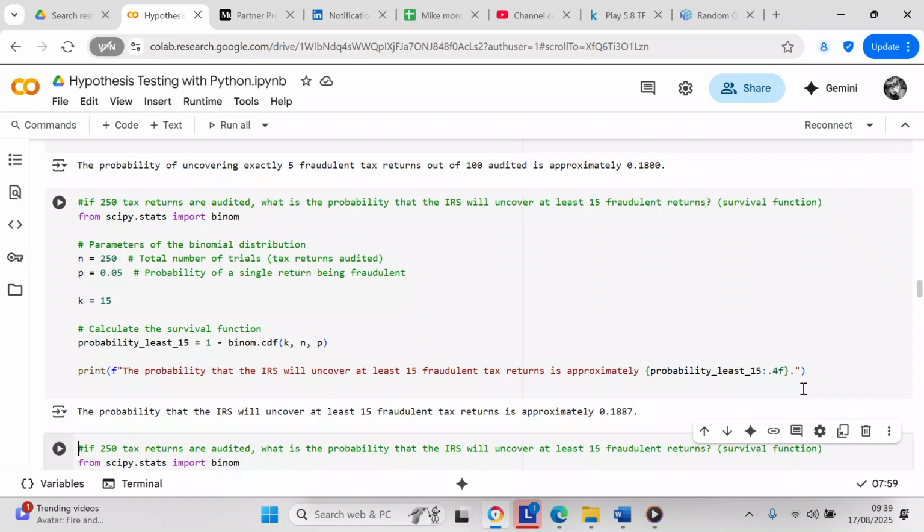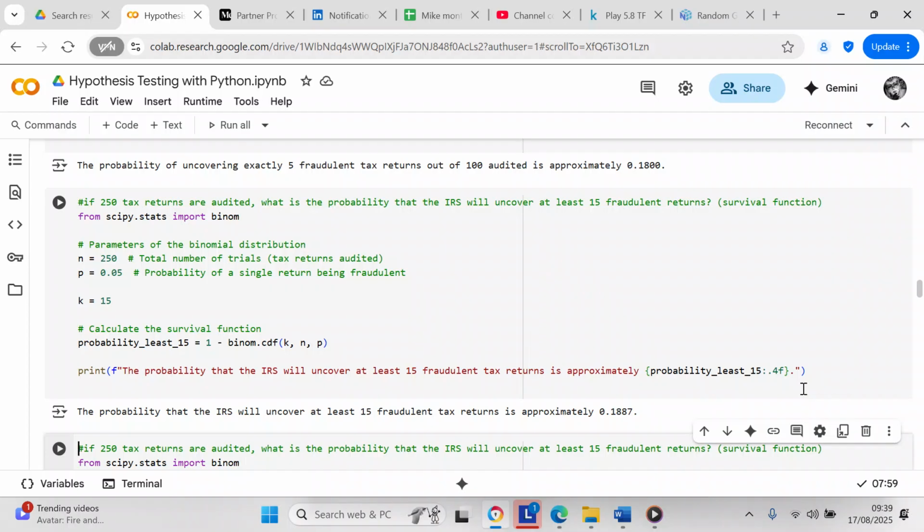N is the number of trials or number of tax returns, that's 250. P is the probability of a single tax return being fraudulent, that's 5%. And K is the number of successes or the number of fraudulent tax returns, being 15.